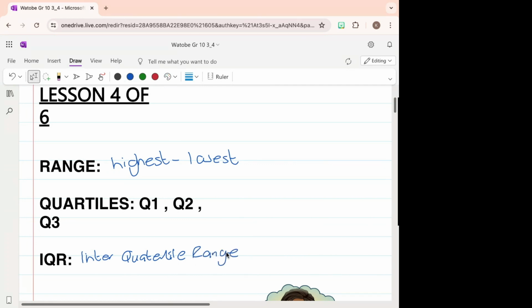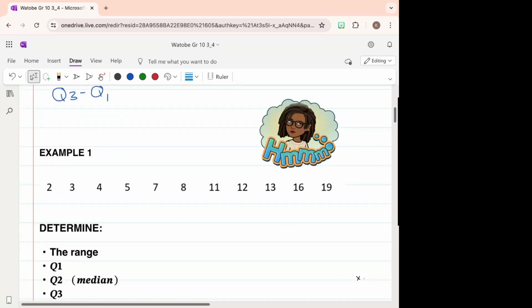To get our IQR, we take Q3 and we subtract Q1. So we take 75% of our data and subtract the 25% of our data, and we get the spread of our data. Now, that's all the fancy maths terms. Let's actually get to it and do some maths.